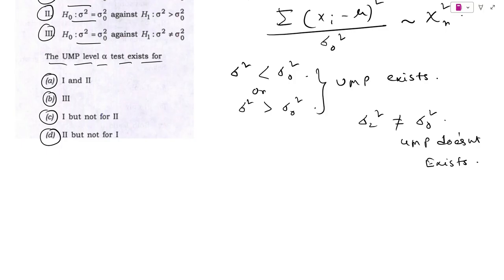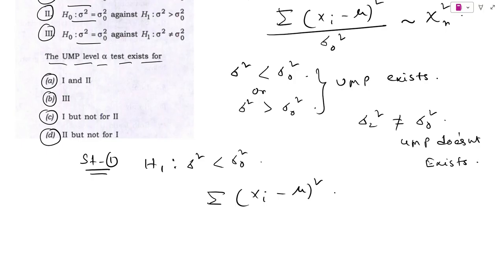Now examine each statement. First statement: look, this is a left-tailed alternative. The rejection region is based on the small values of the statistic, and since this is a one-sided problem, a UMP test exists.